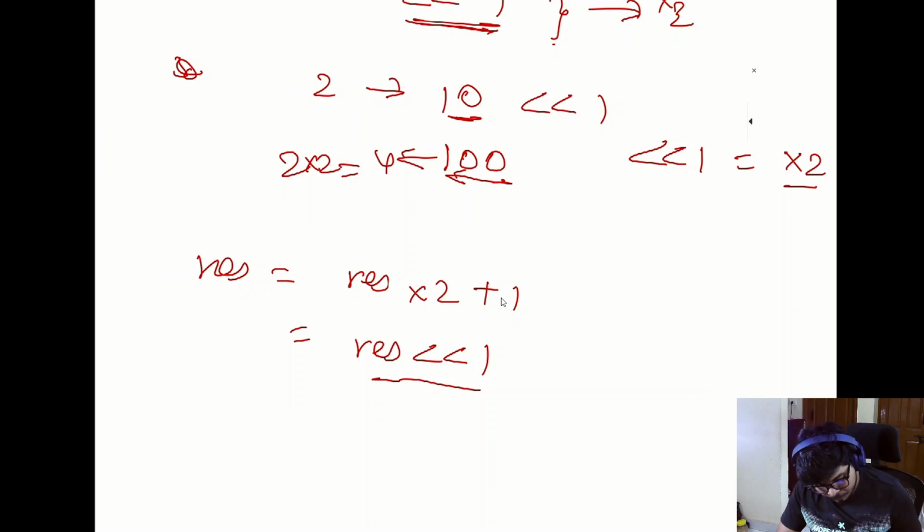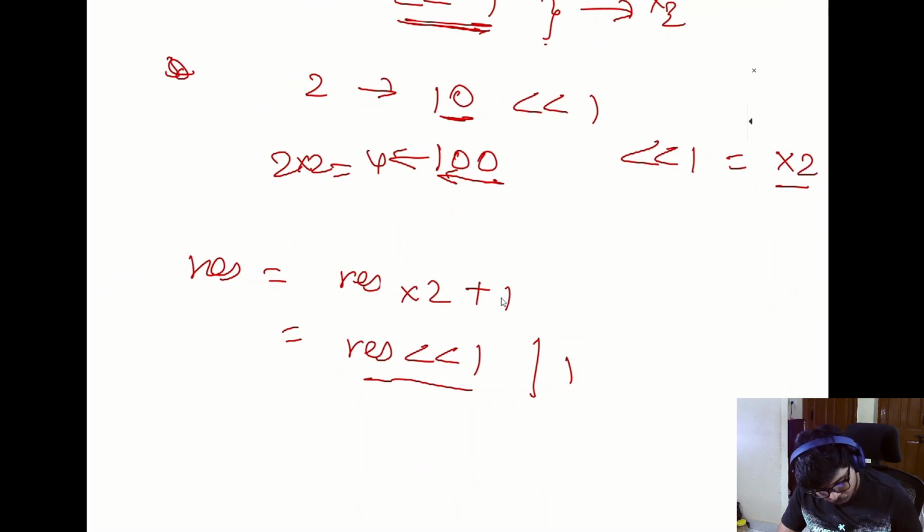Now instead of plus 1, if we do or 1, then also the last value will become 1, or if you do or 0, then the last value will become 0. So instead of adding the val, we can also do this one.